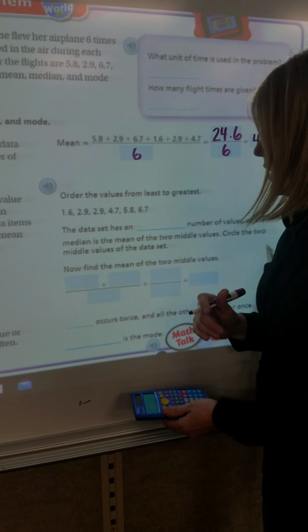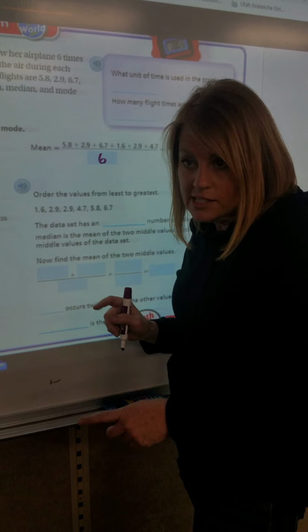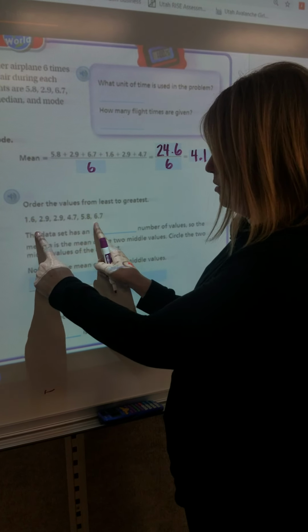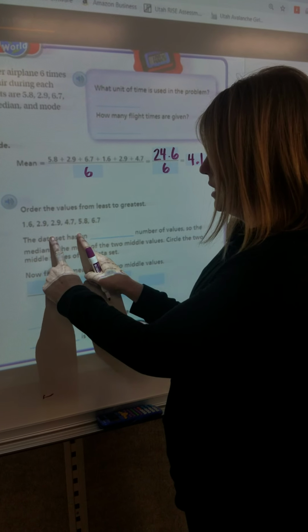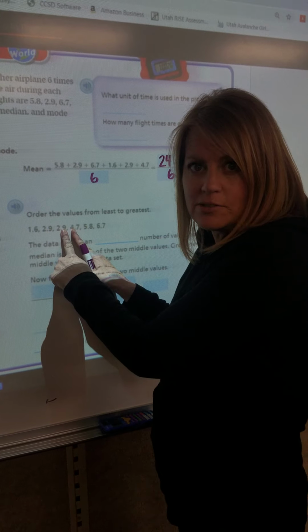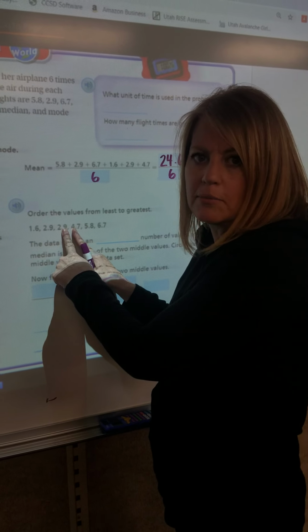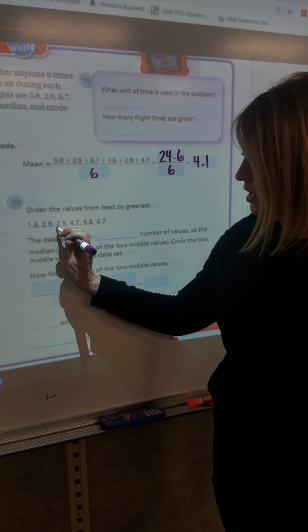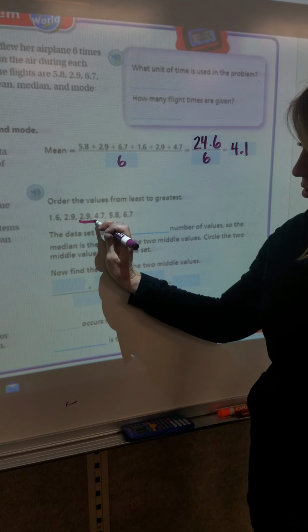Now, the way that I like to find the median, boys and girls, is to just use my fingers and find out what's in the middle. Sometimes, though, if you have an even number of data values, there's not just one number in the middle. There are actually two, like we have here. These two numbers are right in the middle.